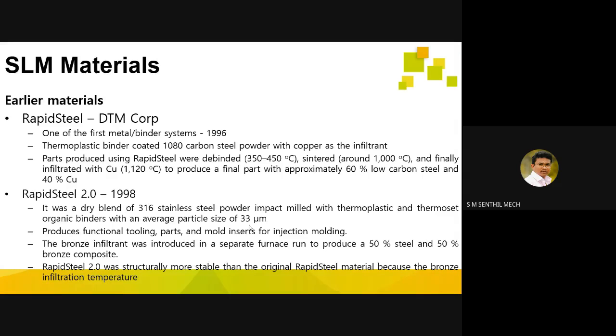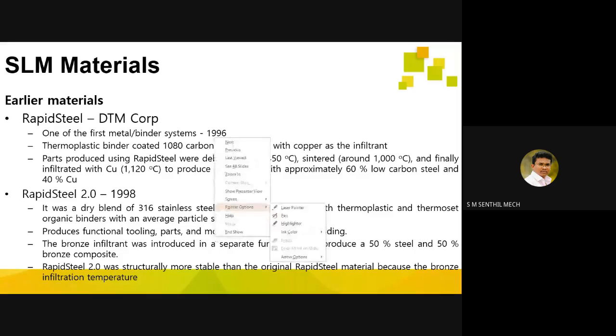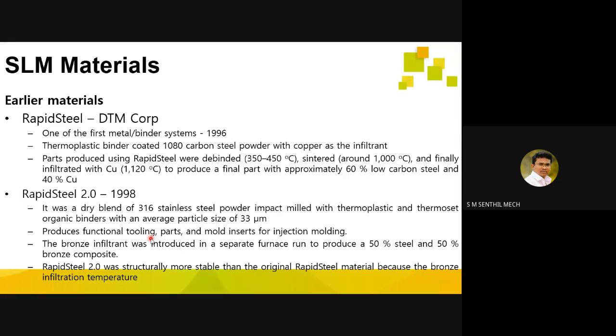So Rapid Steel 2.0 produces functional tool parts, toolings and parts, and mold inserts for injection molding. Here, instead of copper, you use bronze as the infiltrant. Earlier we were using copper as an infiltrant, whereas here we use bronze.